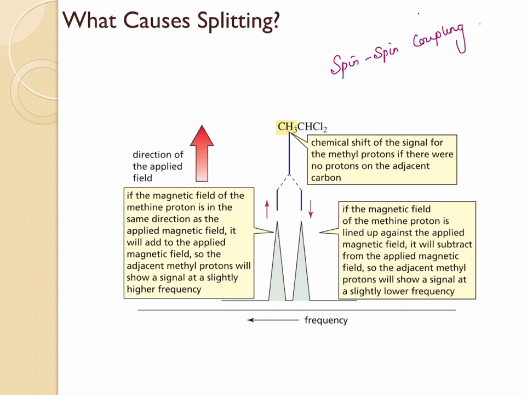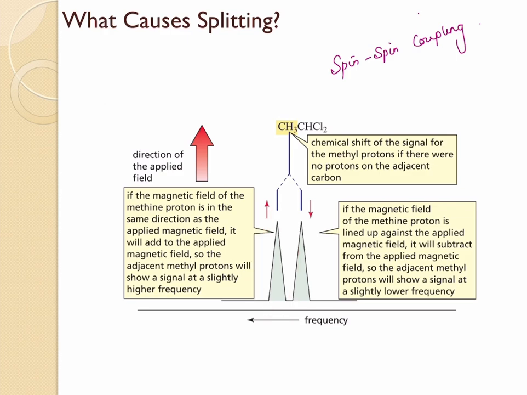Let's say it gets aligned with the field. Then it will add to the applied magnetic field. Therefore, B effective will be a large number, right? And therefore, it is expected to show a signal at a higher frequency. And this is the signal that corresponds to when the methine proton has its magnetic field aligned with the field.